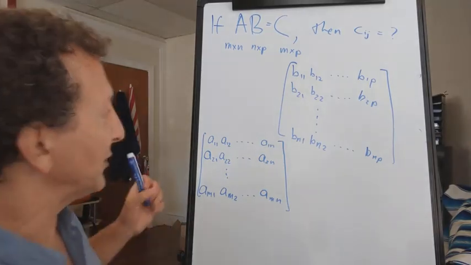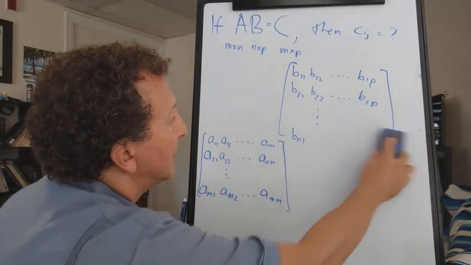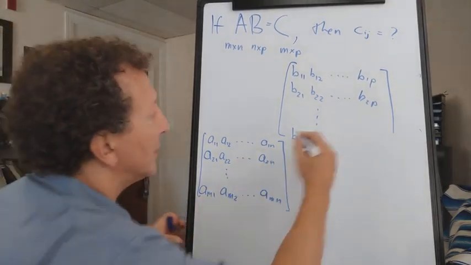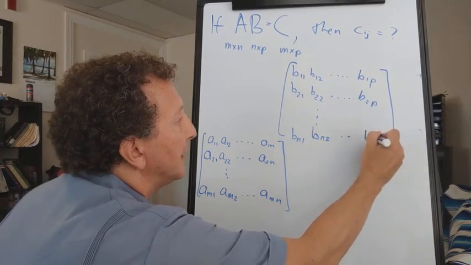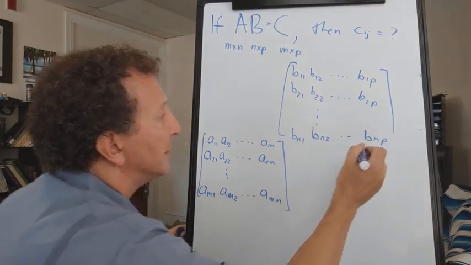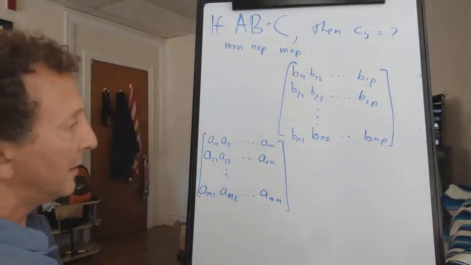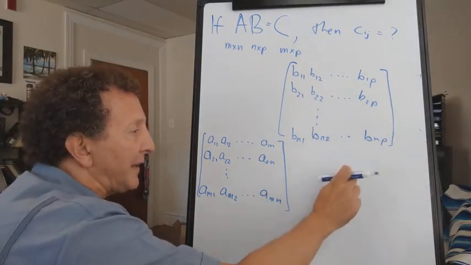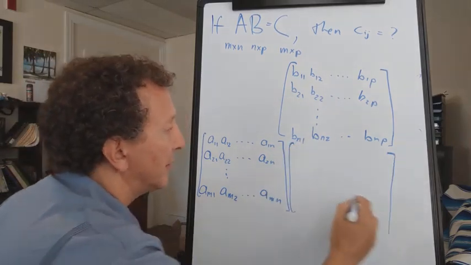This is a little crooked and it's bothering me. Let me rewrite the last row of B here: Bn1, Bn2, up to Bnp. There now. How do we get the ij entry of this product matrix, which we'll write right here?